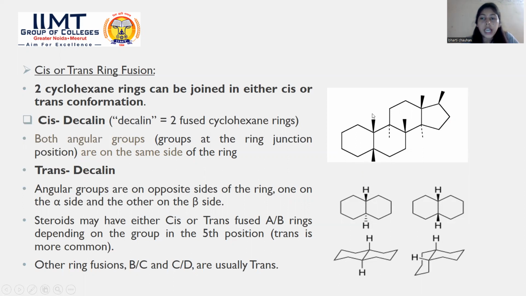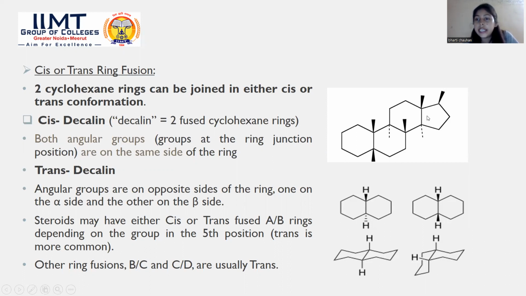Both groups are present in beta configuration, so we say this is the cis conformation of this compound. It means the A and B rings are cis, and B and C are trans. Why trans? Because one group is attached with alpha configuration and one with beta configuration. One is above the plane and the second is below the plane, so it is present as trans conformation.